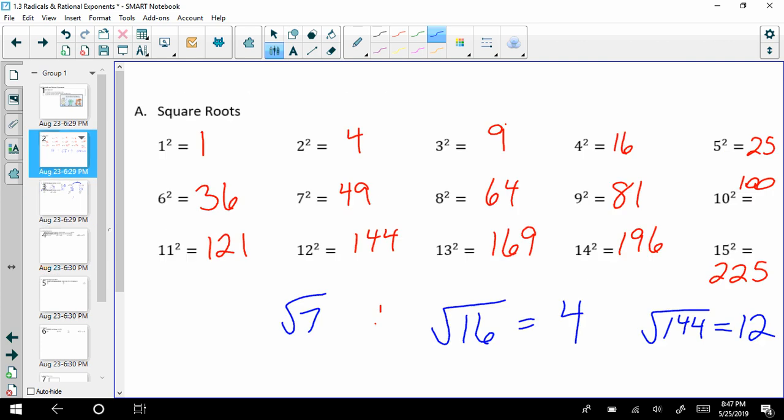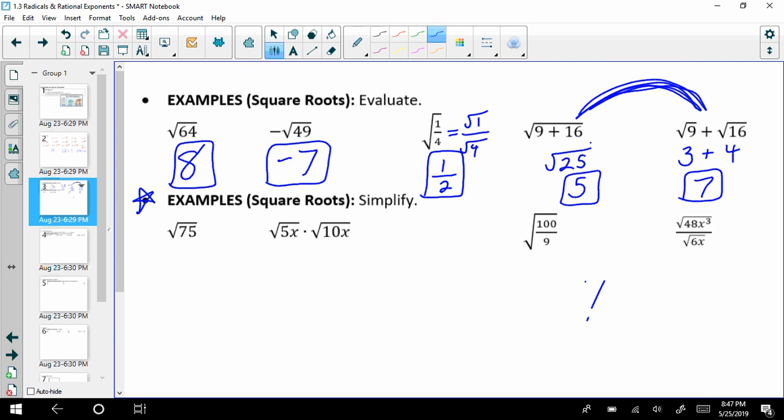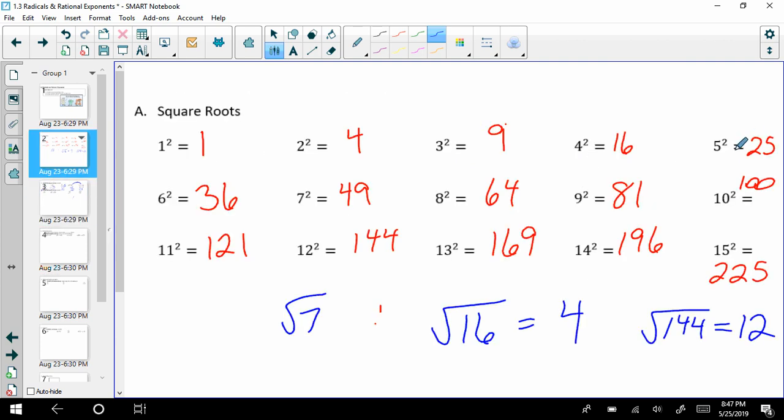So what I would do is I would start checking: does 4 divide into 75? No. Does 9 divide into 75? No. And I would keep trying them, and it turns out 25 will divide into 75, and 25 is a perfect square.